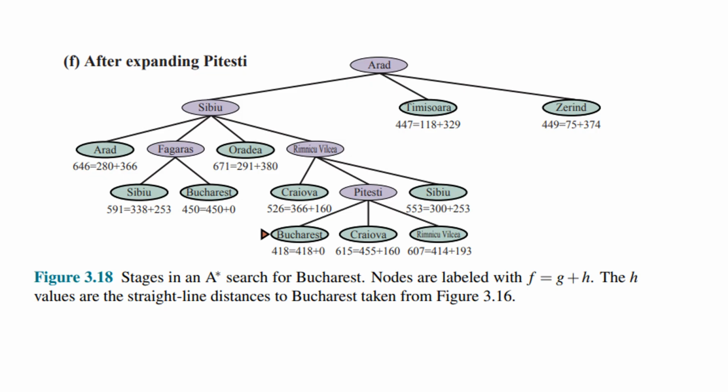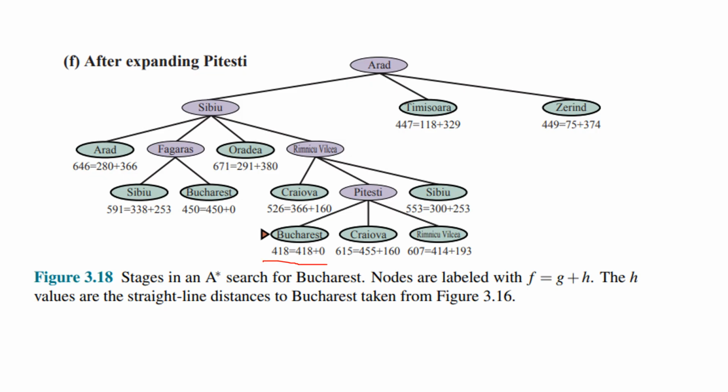Pitesti has three neighbors, that is Bucharest, Craiova and the last one is Remnicu Vilcia. Here you can see that Bucharest has the lowest value, 418 compared to the others.